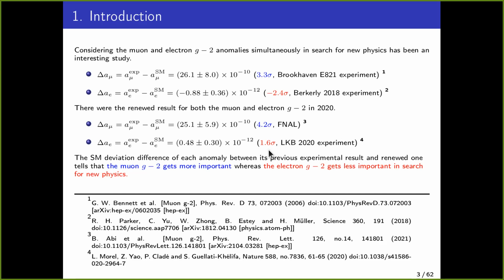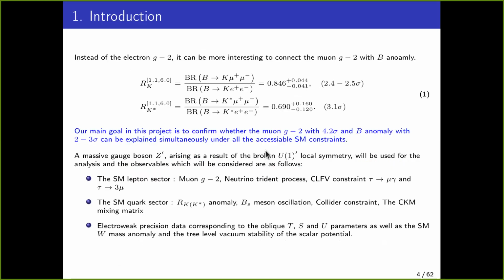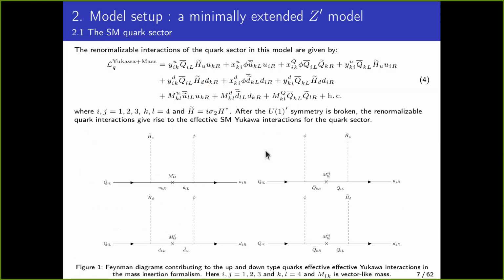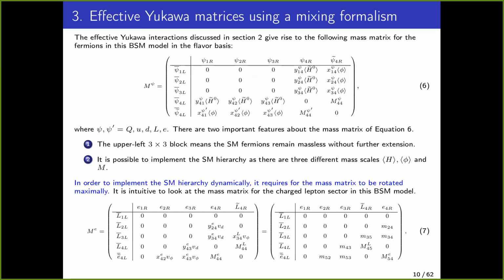Okay, thank you. I would like to add a comment. In this mass matrix, in this basis where the first and second rows of the charged lepton mass matrix are vanishing, in order to have the Z prime couplings to fermions, these couplings arise only after the mixing with the standard model charged fermions.